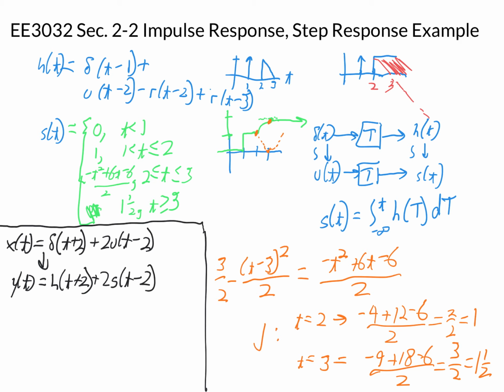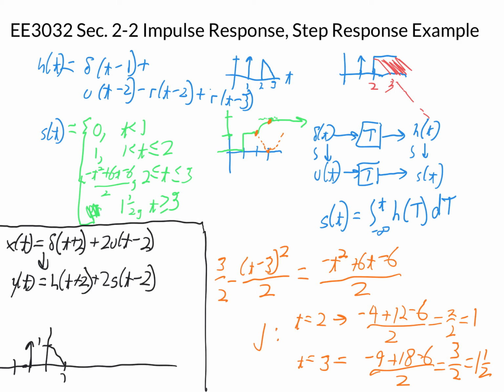And if we put all this together and we sketch the output function, we have, first of all, the impulse response shifted left by 2, so we have an impulse at minus 1, and we have a decreasing voltage from 1 volt down to 0 volts from 0 to 1 seconds.